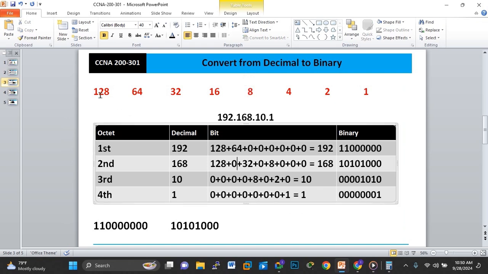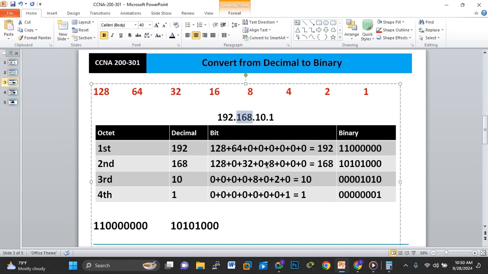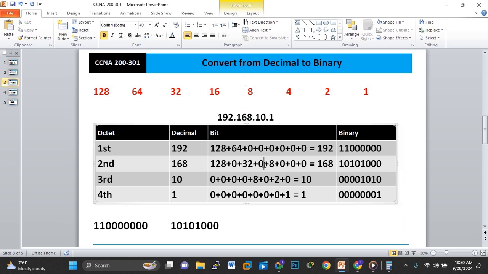The 64 is off, because if we add the 64, it's more than 168. We write this 32 here, because the 32, if we add it to the 128, gives us 160. It's good. So when we move to the 16, if we add the 16, it is more than this 168. So we turn the bit off.